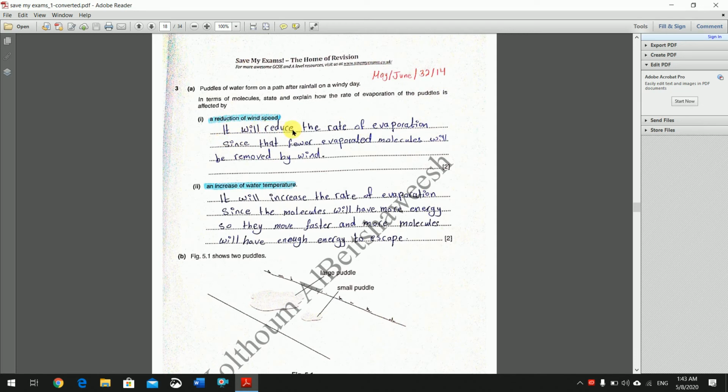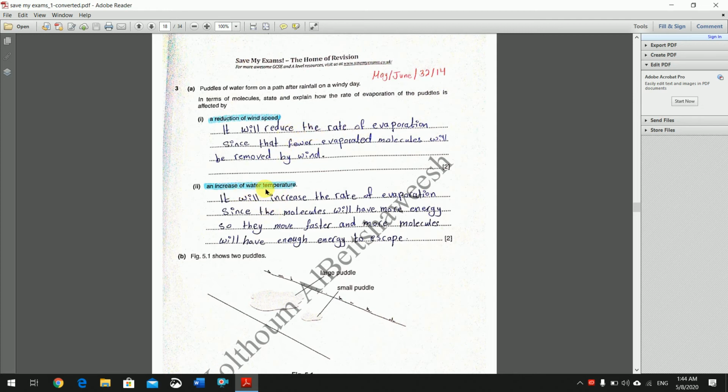Now it will, of course, reduce the rate of evaporation, since we said that in evaporation you have molecules on the surface that have more kinetic energy. So if we reduce the wind speed, fewer evaporated molecules will be removed by the wind. So the rate of evaporation will be reduced.